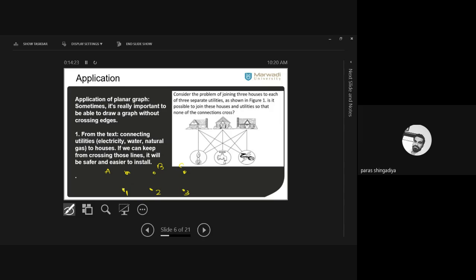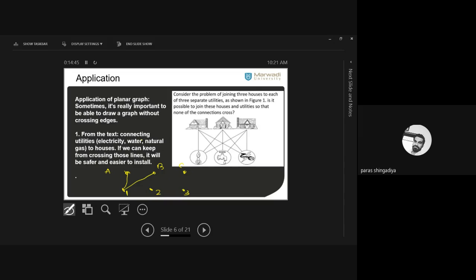So let's consider one case. I just connect it. You can also consider the outside form. 1 to A, then 1 to B. Still there is no intersection between any two edges.